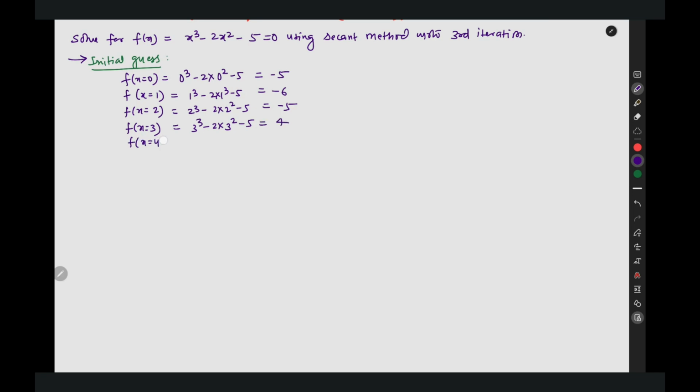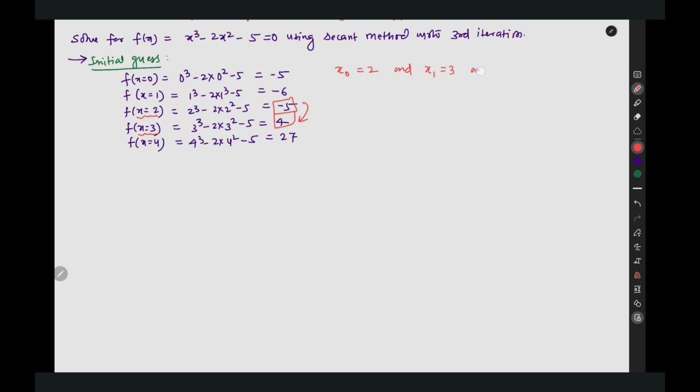F of 4 is 4 cube minus 2 into 4 square minus 5. It will be 27. We can see that the value of the function changes from negative to positive from x equal to 2 to x equal to 3. So to get the solution, we will take the initial guesses as x0 equal to 2 and x1 equal to 3.